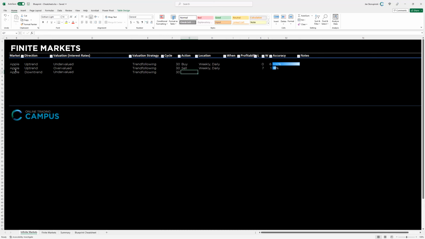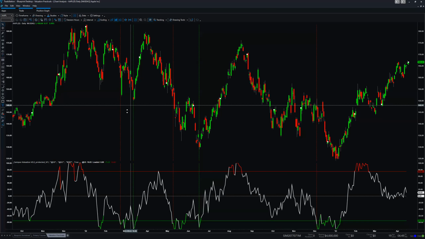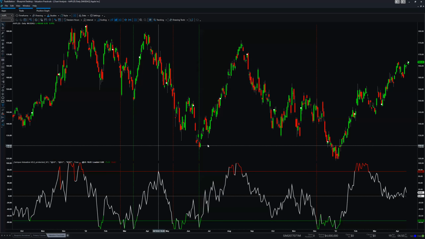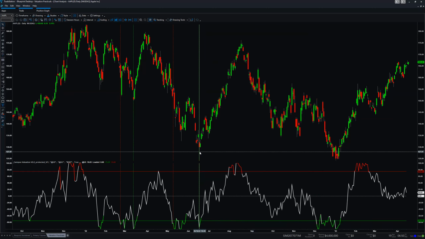As I look to buy, then 1, 2, 3 times it didn't work, 2 times it worked. So also not the best accuracy here, right? But again, here we're going against the trend.